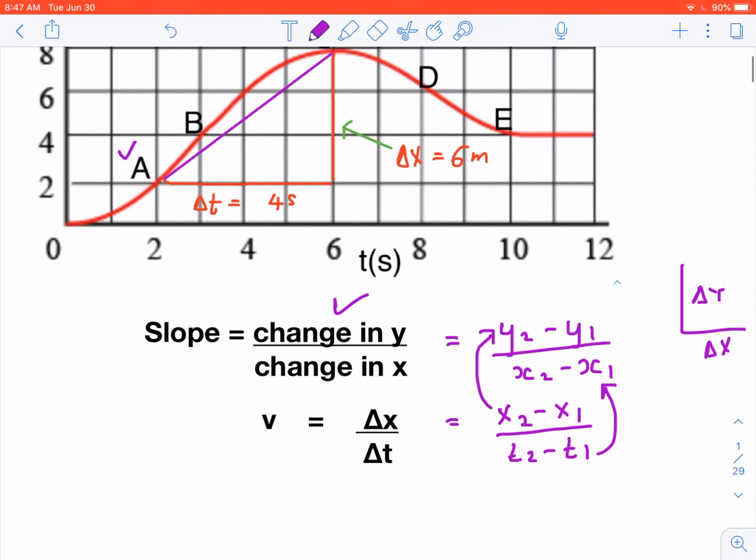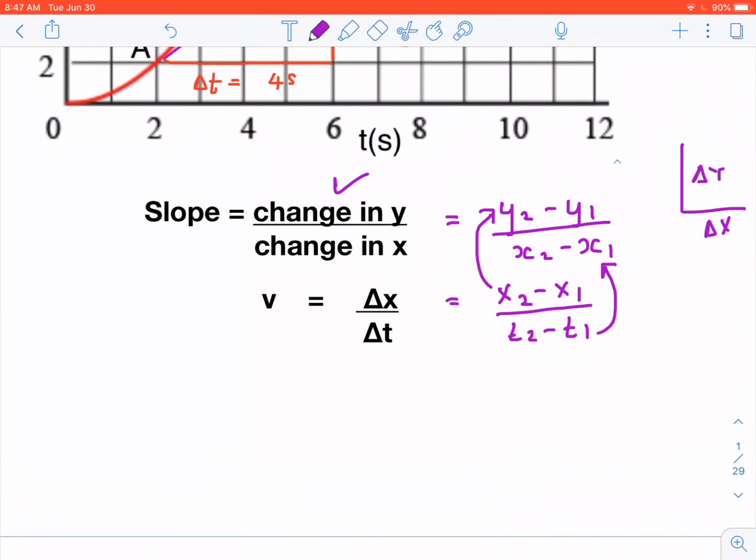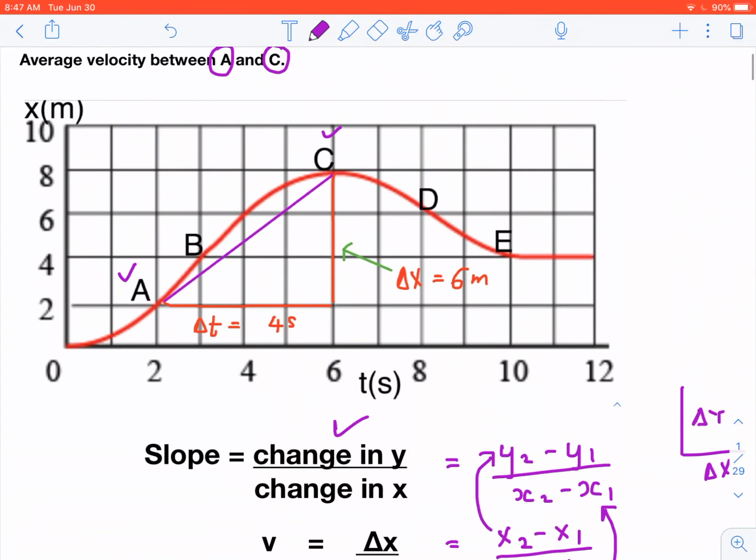So on our y-axis we've got position, and x2 minus x1 denotes the position that's changing. Now if we look at this and ask what is the velocity between A and C, we look at A, it's there, and there we've got the other point.